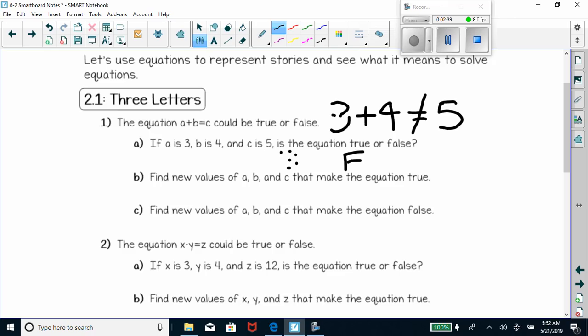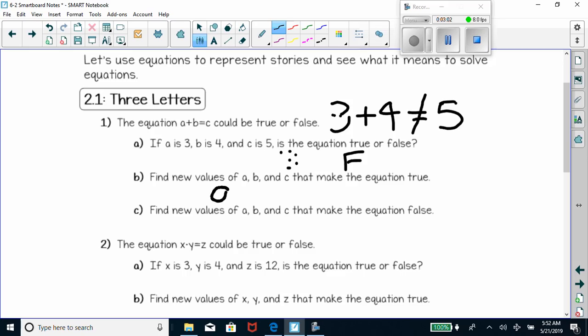Then it asks us to find new values of A, B, and C that could make the equation true. So what I need are two values that when I combine them equal the third value. So you could come up with an infinite number of solutions. In fact, we could keep A and B equal to 3 and 4, and then we would know that C would have to be the combination of 3 and 4, which is 7.